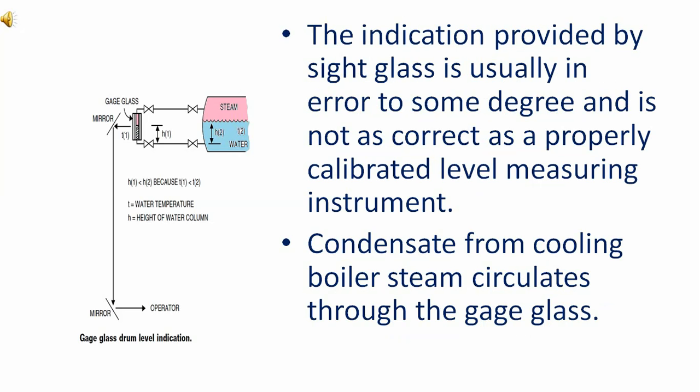The indication provided by sight glass is usually in error to some degree and is not as correct as a properly calibrated level measuring instrument. Condensate from cooling boiler steam circulates through the gauge glass.